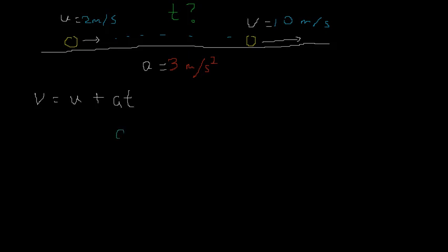So I could subtract u from both sides. If I subtract u from both sides, the u would disappear from there, and I would have a minus u on the left side. So now I'm one step better. I just have a times t on one side, but I really just want to have the t. I don't want the a.